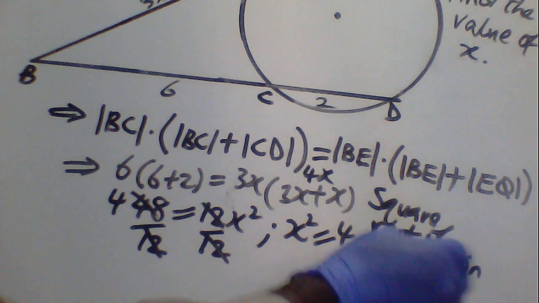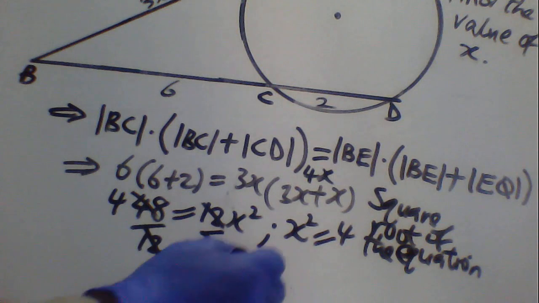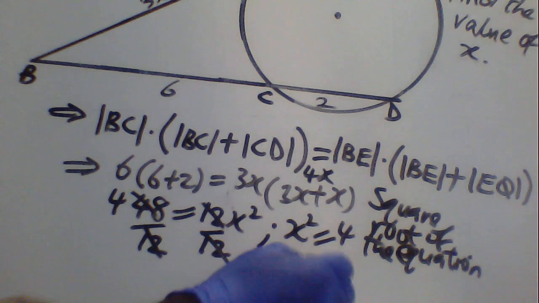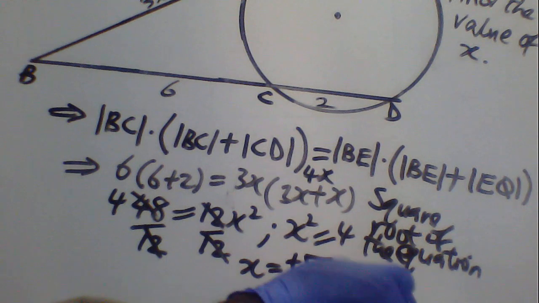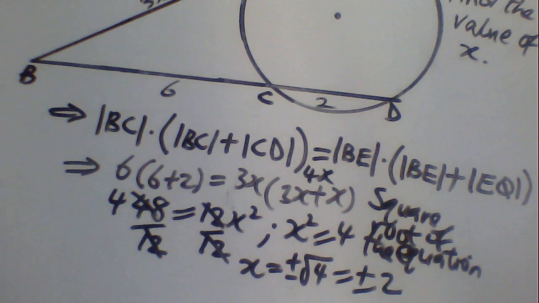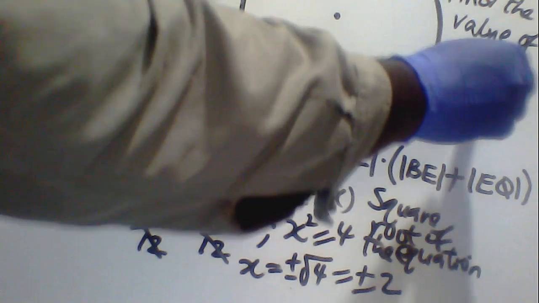If you find the square root of the equation, you have x equal to plus or minus the square root of 4, and that gives us plus or minus 2. So x is equal to plus or minus 2.